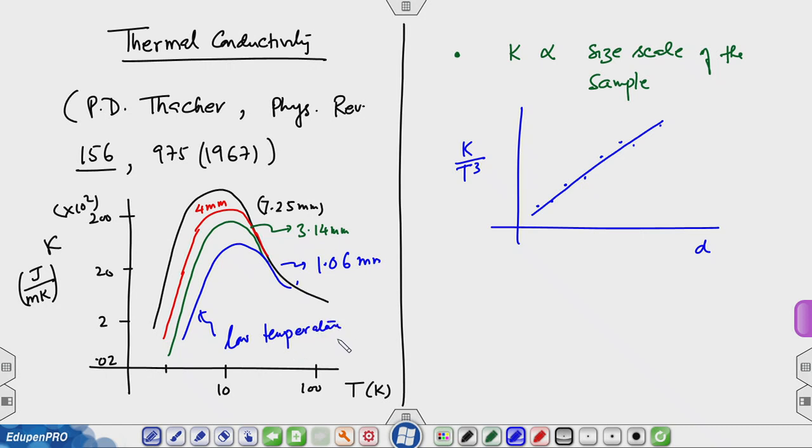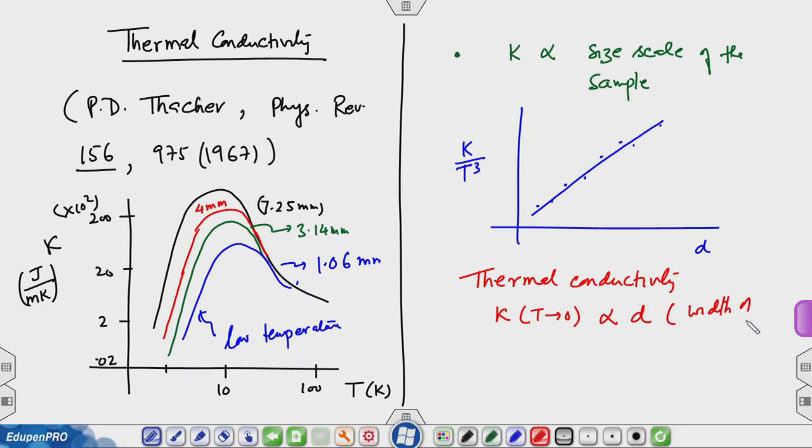So, what one concludes from this is that thermal conductivity kappa at T tending to 0, at low temperatures, is proportional to d, the width of the sample. So, that is something we would like to understand.